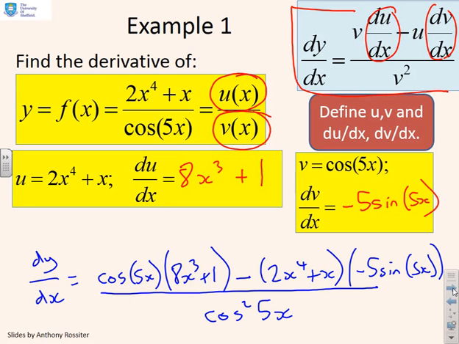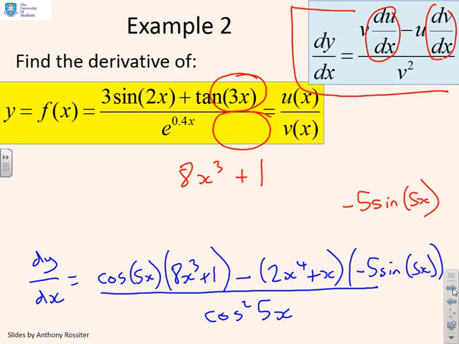Now you could simplify this a little bit. Clearly there are 2 negative signs which will cancel, but as a general rule I wouldn't bother multiplying this out. I would leave it in this form.